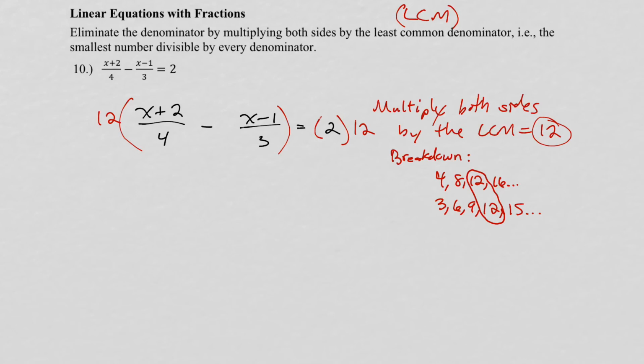Now it actually works out. To me, it's better to have this broken up into pieces. So you want to multiply every single term. There's 3 terms here times 12. So the x plus the 2 over 4 is multiplied by 12, the second term by 12.